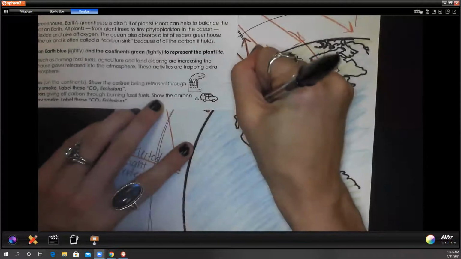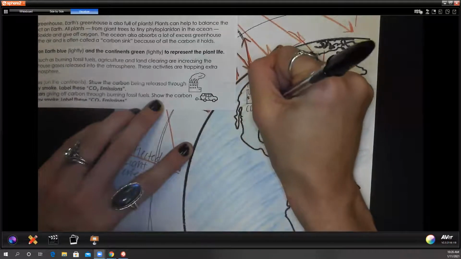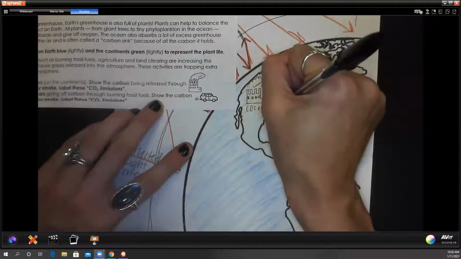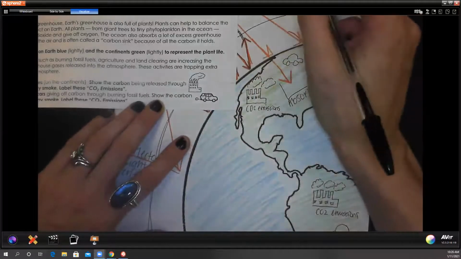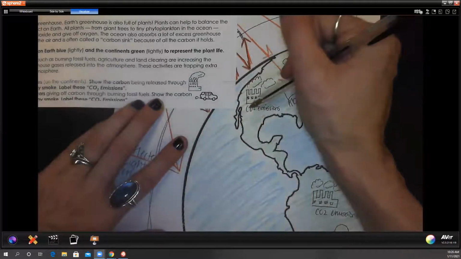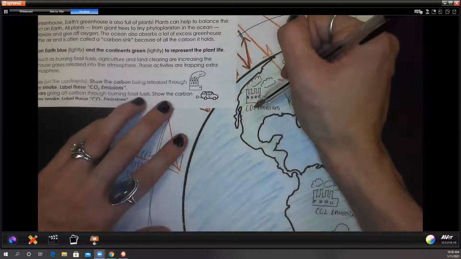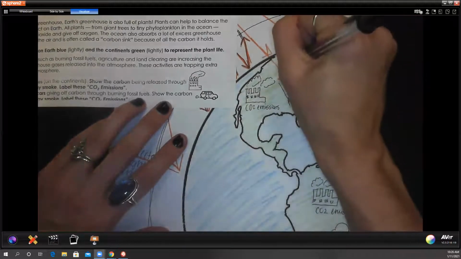So CO2, that's carbon dioxide in abbreviated form. Carbon is C, dioxide, because there's 2 oxygens.